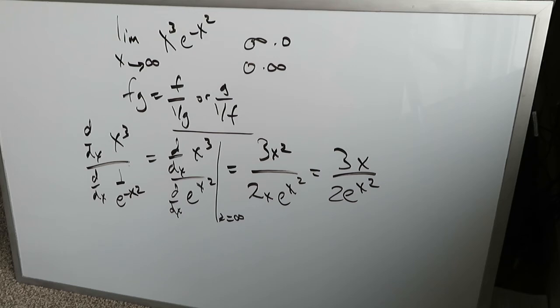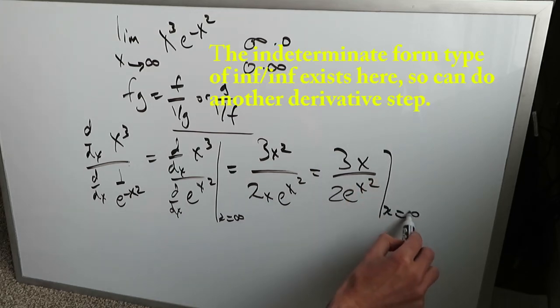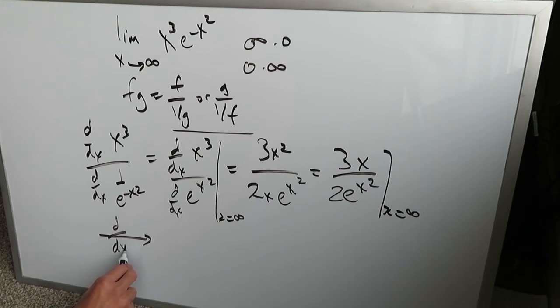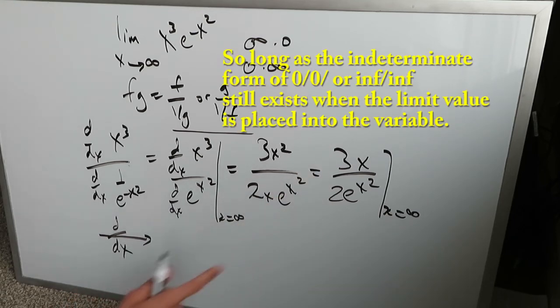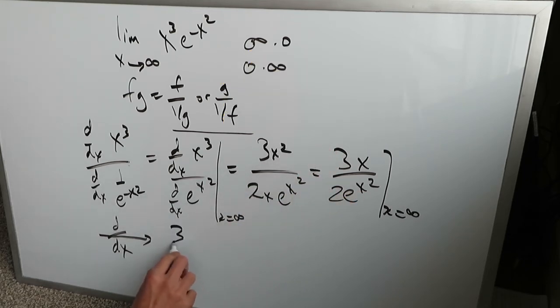This is what I have so far, but I'm not satisfied with what I'm seeing over here, because I still have a variable in the numerator. I want to send this to another round of derivatives, because you can. With L'Hopital's rule, you can do as many derivative rounds as needed until you can come up with a good answer. When I take the derivative of the numerator and the derivative of the denominator, the numerator will just give me a 3.